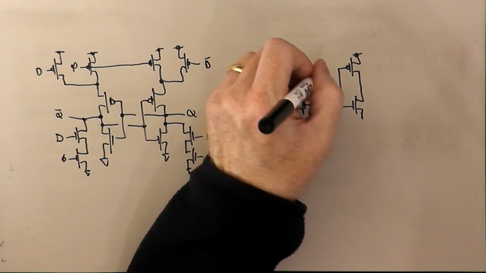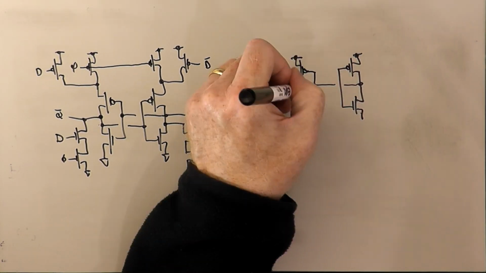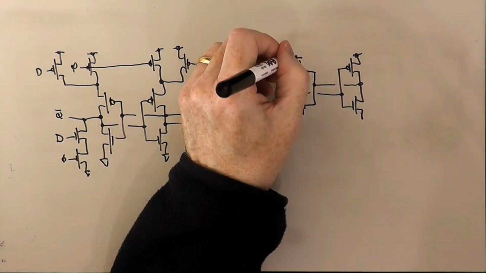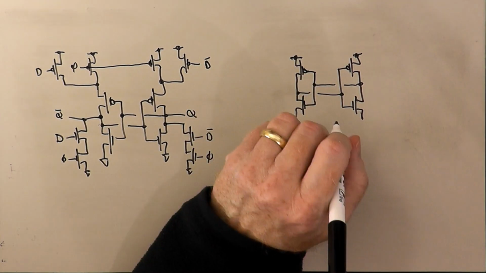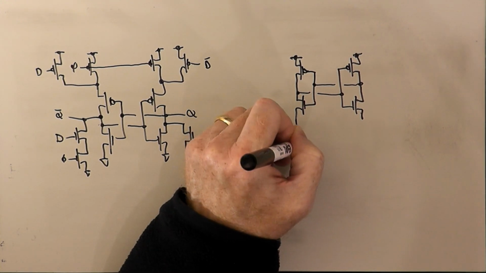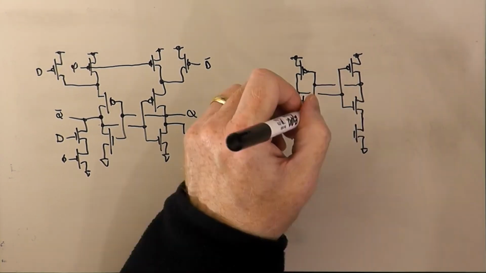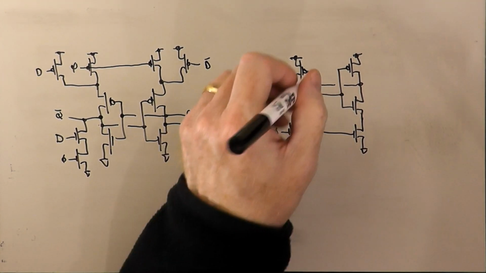So there's our cross-coupled inverters. Only instead of having what amounts to cross-coupled NOR gates, we can have what amounts to cross-coupled NAND gates. So this is our clock input.